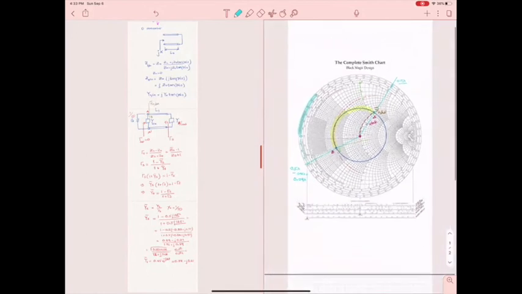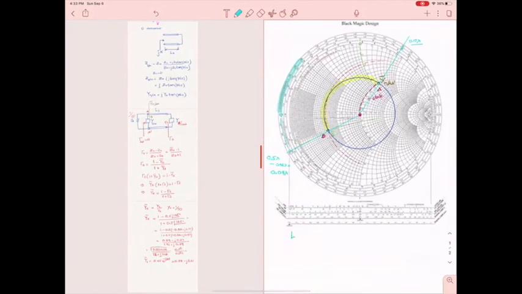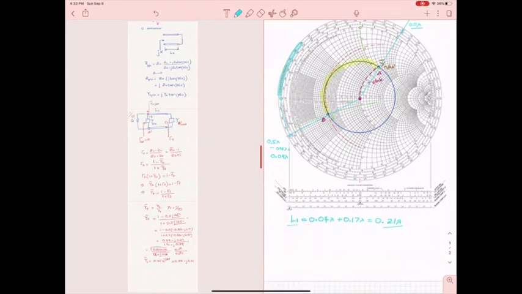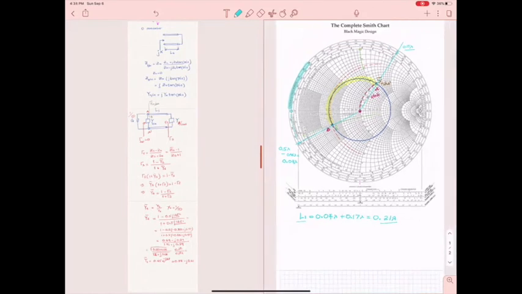And therefore, to find L1, I add the 0.04 lambda to 0.17 lambda, and that gives me 0.12 lambda. It might be not quite accurate depending on what I did with my calculations here, but I just wanted to show you the process.